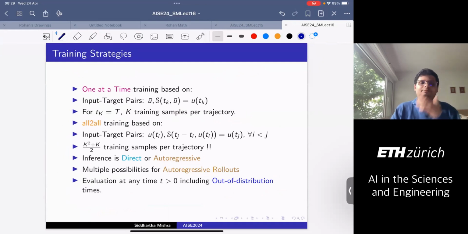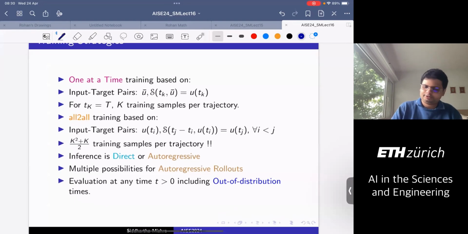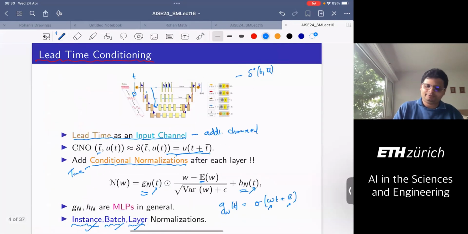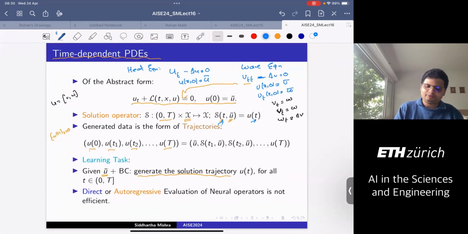There are different kinds of training strategies that you can use. Let me explain at least two of them, which can be useful. First, we can do what is called one at a time training. What does it mean? Remember that whenever we have data, it's always in the form of trajectories.